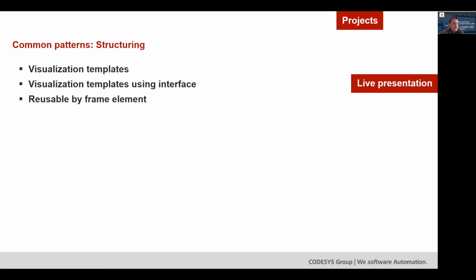And as an extension to these very basic templates, it's possible to have an interface at a visualization template to pass different variables to different instances of the visualization. We will see this. And to instantiate these templates, there is the frame element in the visualization, and we can have a look at this too.